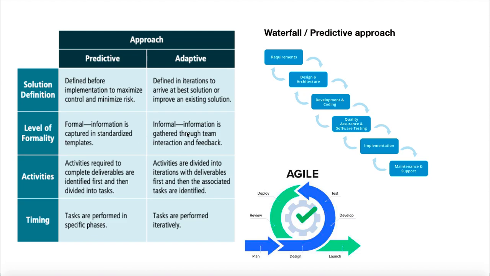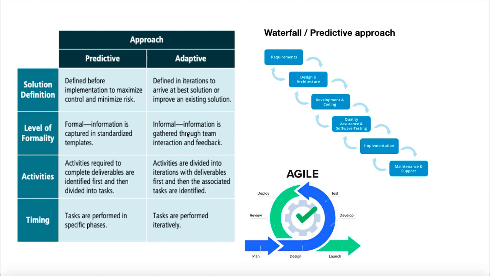When you look at the adaptive approach, it's mostly informal, which means that, of course, when we say informal, it's not like everything needs to be documented in well standardized templates. There are different ways in which you capture this information. It's more of a user language, which we call user stories.